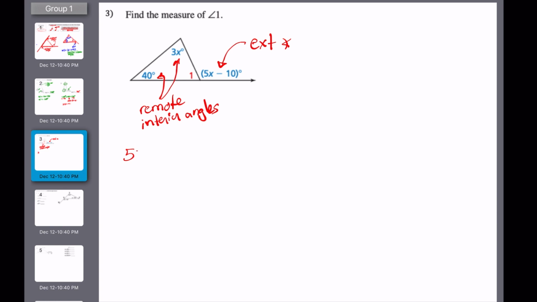So our equation would be 5x minus 10, that's our exterior angle, equals the sum of the two non-adjacent interior angles. And now you solve for x.